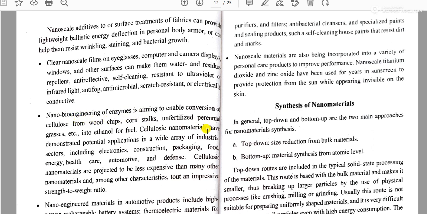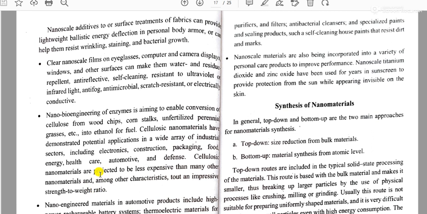Then cellulosic materials have demonstrated potential applications in a wide array of industrial sectors, including electronics, construction, packaging, food, energy, healthcare, automotive, and defense. Then cellulosic nanomaterials are projected to be less expensive than many other nanomaterials, and among other characteristics have an impressive strength to weight ratio.